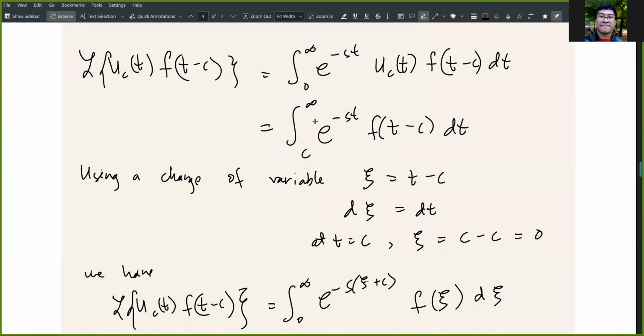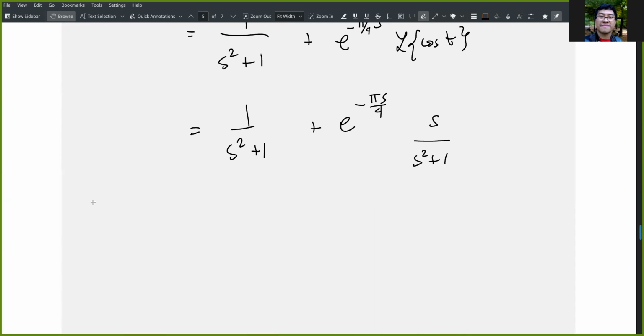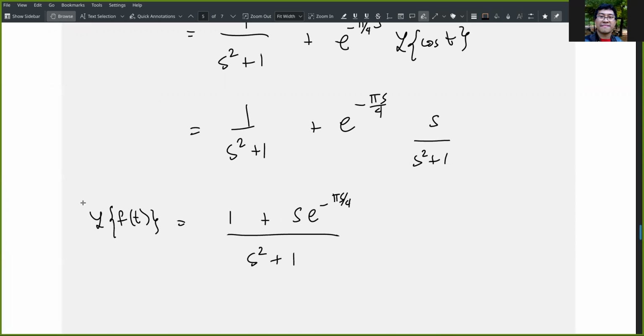And the Laplace transform of cosine t, we can check our table. That's s divided by s squared plus 1. So finally, we can write the Laplace transform of f(t) as (1 + s e^(−πs/4)) divided by s squared plus 1.